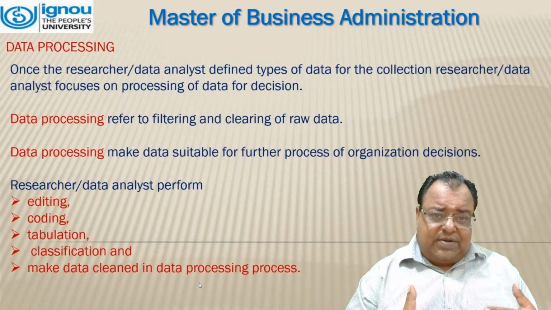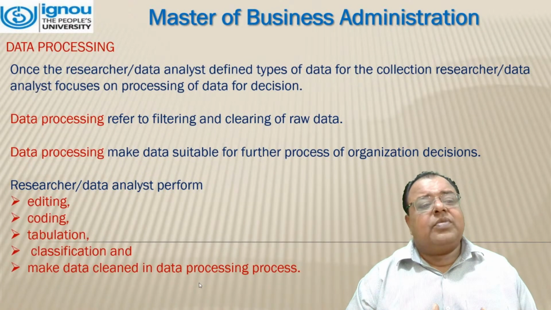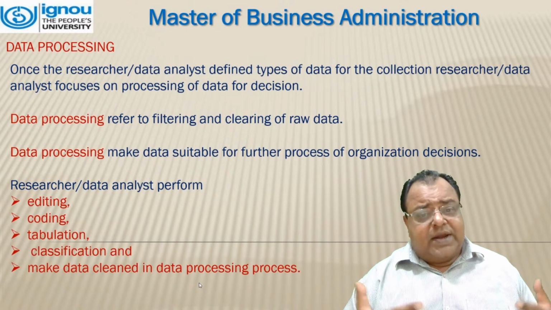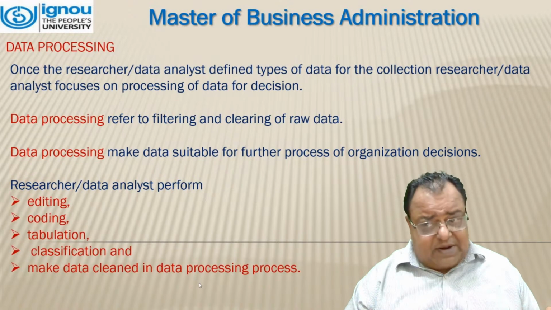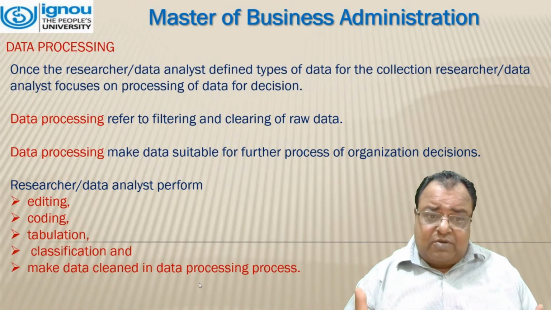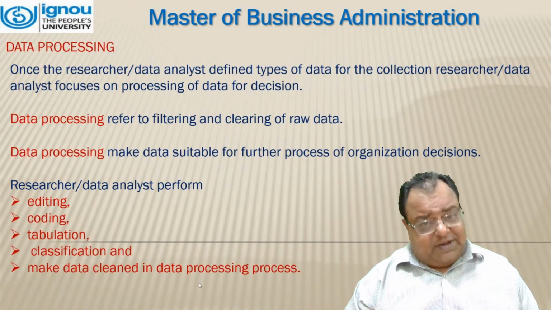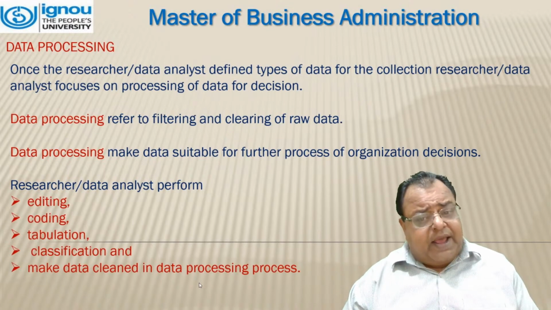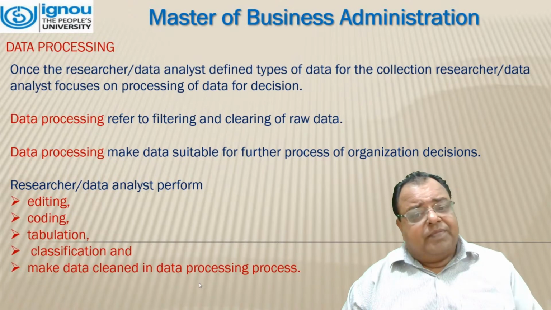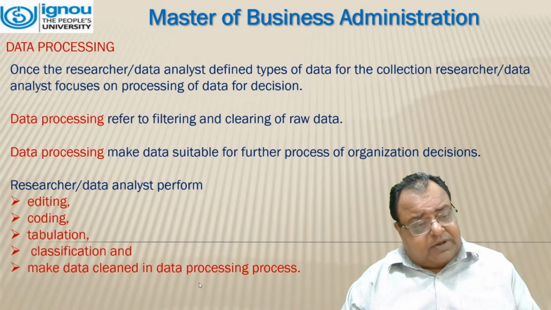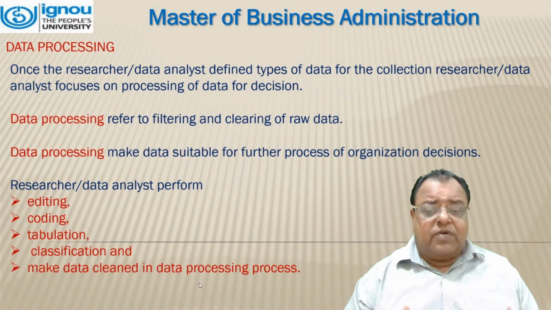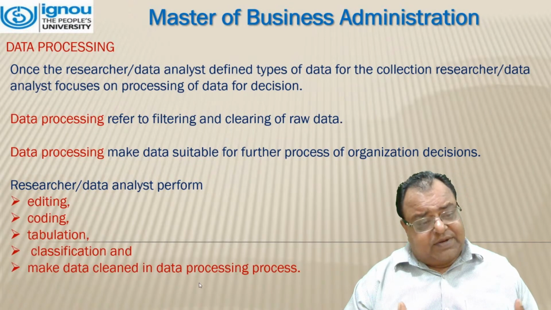Then comes data processing. Once the researcher or data analyst defines the types of data for the collection, they focus on processing the data for decisions. Data processing refers to filtering and cleaning of raw data. It makes data suitable for further processing for organizational decisions.